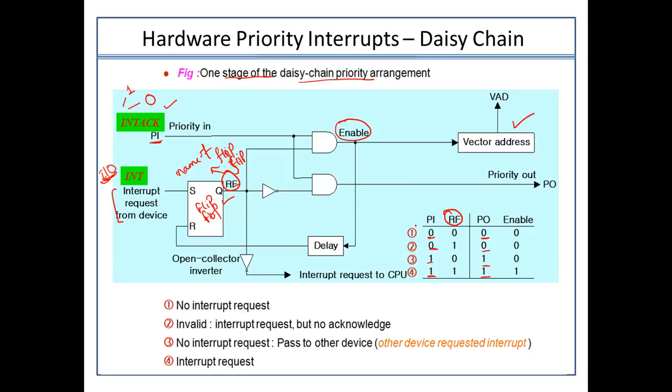As I said earlier, these values, PI, PO, and RF, will depict the output we are going to receive at PO and at this enable, when we have to enable the vector address. So let's understand that in more detail.